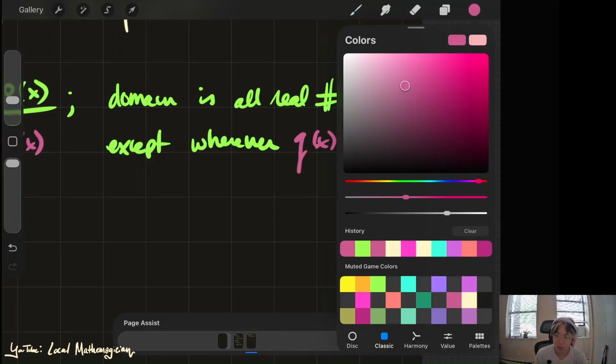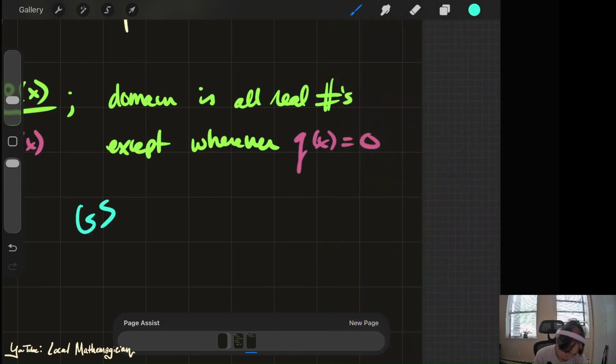Gradescope question: why? That's it. That's the intro to rational functions.